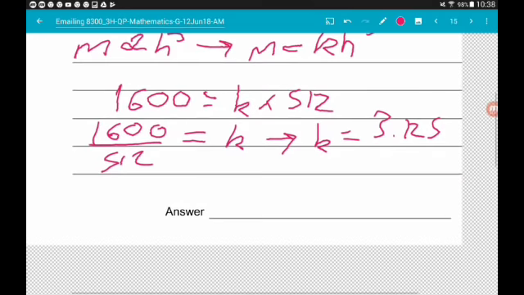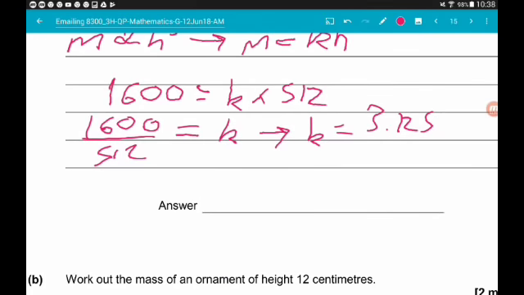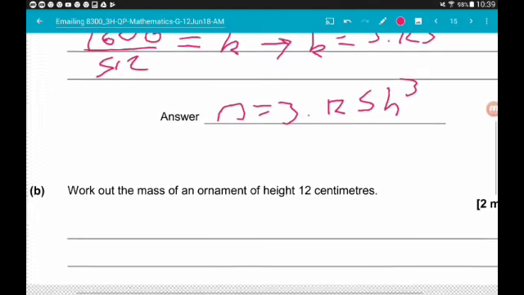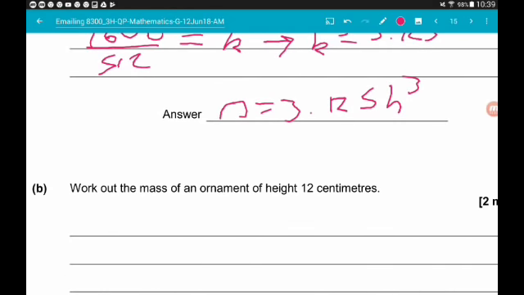So the formula linking m and h is m is equal to 3.125 h cubed. Cool.